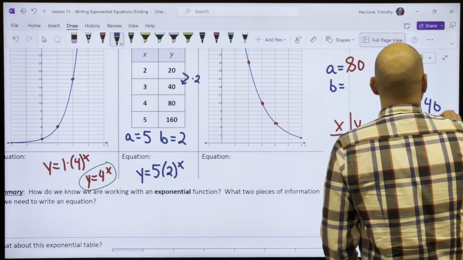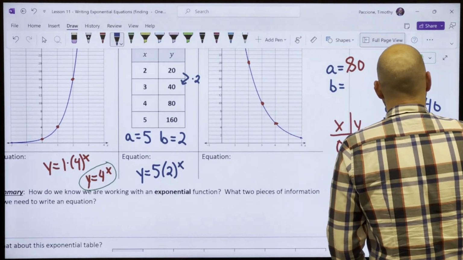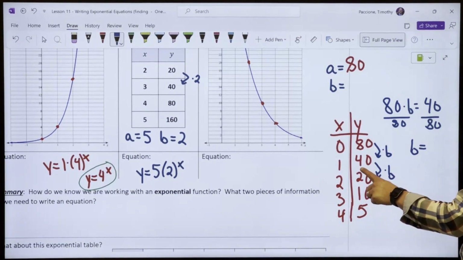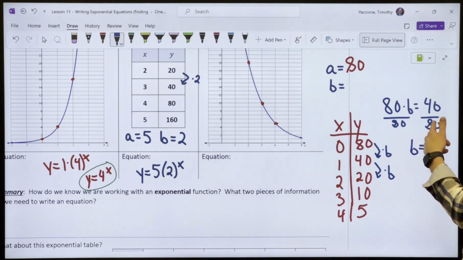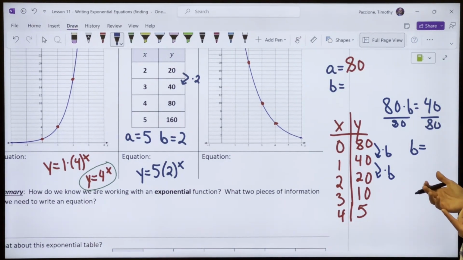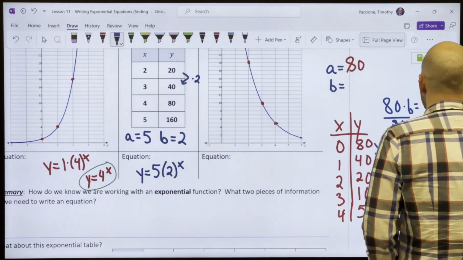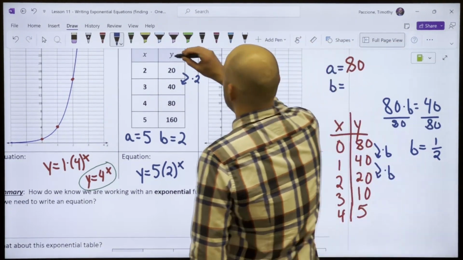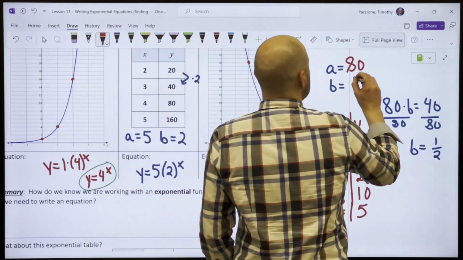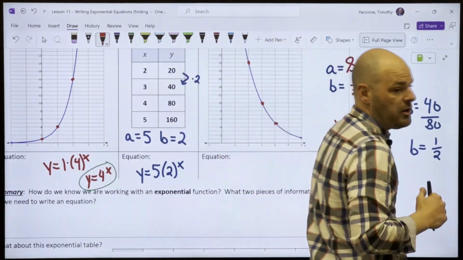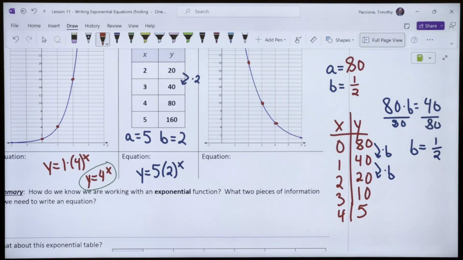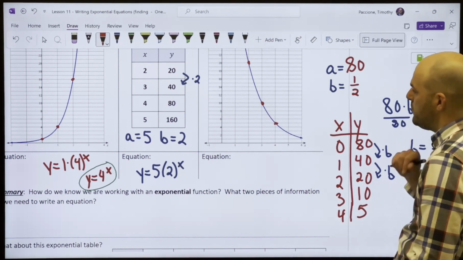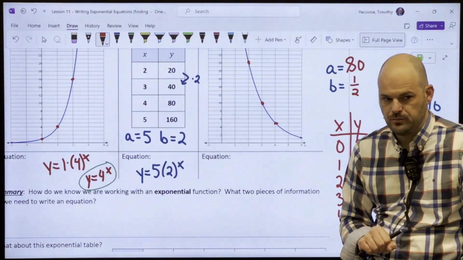Now you don't have to do this every time, but it shows you what your math is here. You take any number and you divide by the previous number. So 40 over 80 reduces to 1/2, right? Now that's super useful when, what if it was like 7/8, right? That'd be really hard to just see in your head, but you could calculate it using this process, right? It's not always going to be as easy as 1/2, okay?